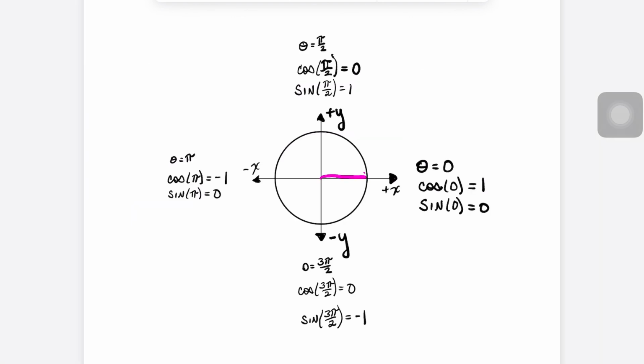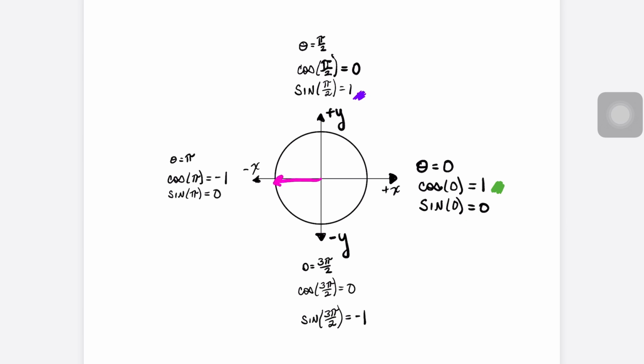So a quick summary. When our radius is at 0 radians, the cosine is 1 and sine is 0. When the radius is at the pi over 2 location, sine of pi over 2 is 1 and cosine of pi over 2 is 0.